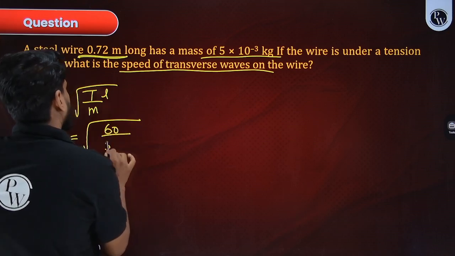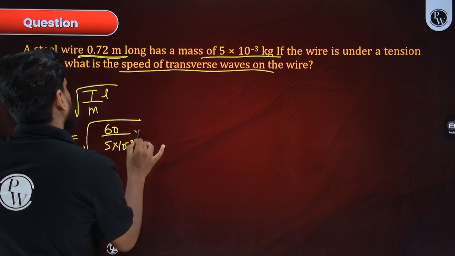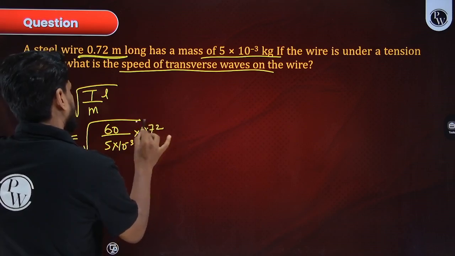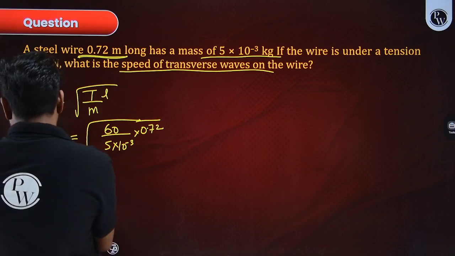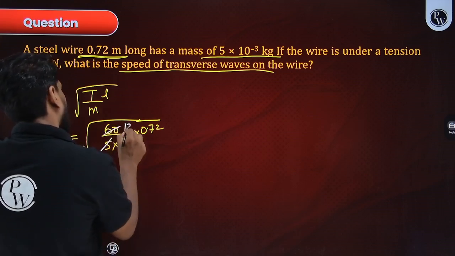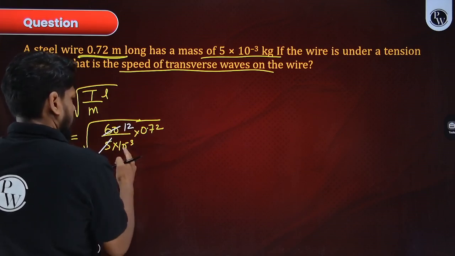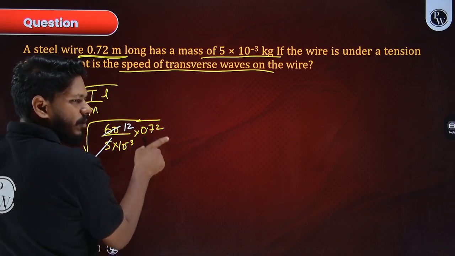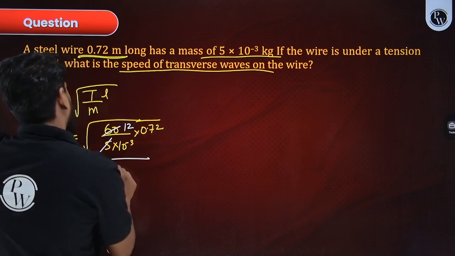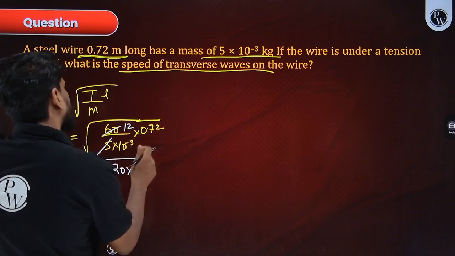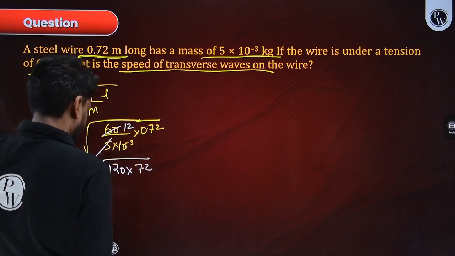Mass is pi into 10 power minus 3 into 0.72. If I cancel this out, I will be getting 12, right? And if I simplify this, if I take 10 power minus 3 from the denominator to the numerator, I will be getting 120 into 72. 20 I have given here, 10 I have given to him.